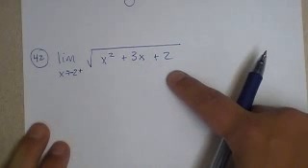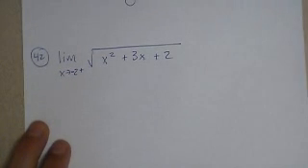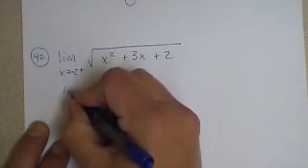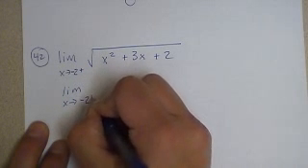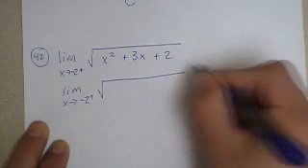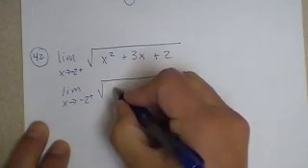So I'm going to take a minute to think about this a little bit more, and I said it a couple times in class today, factoring is definitely going to be your best friend when you're using limits. And I'm looking at a polynomial underneath that square root that I think can factor.